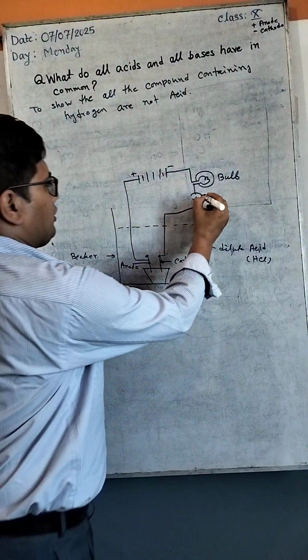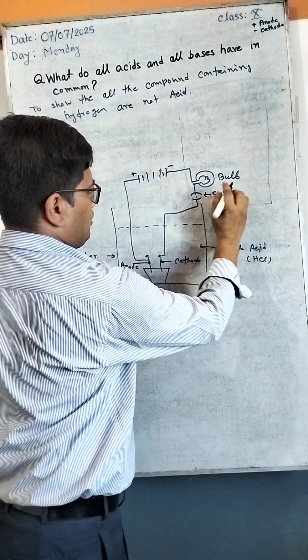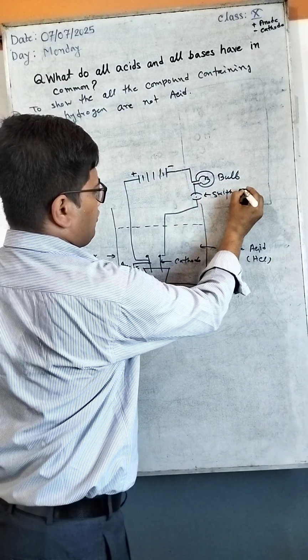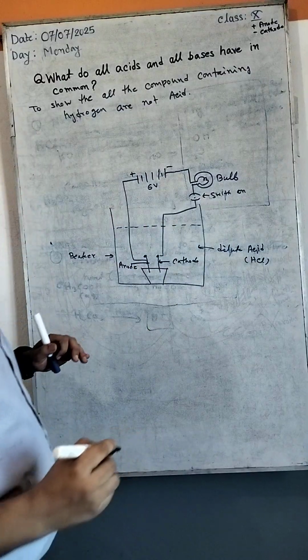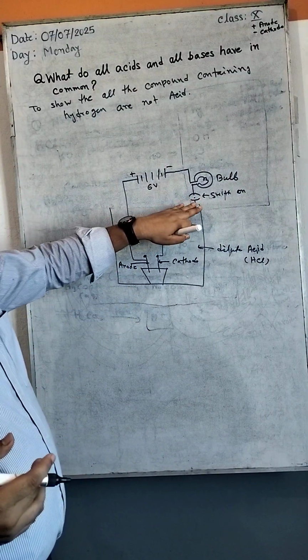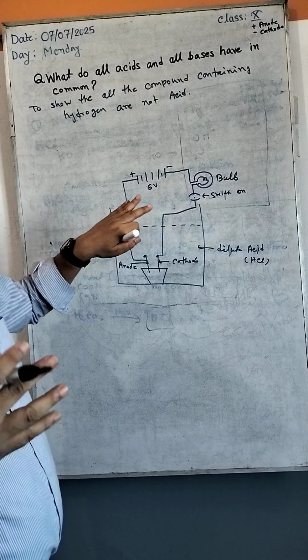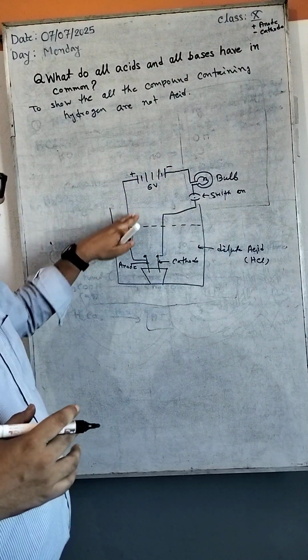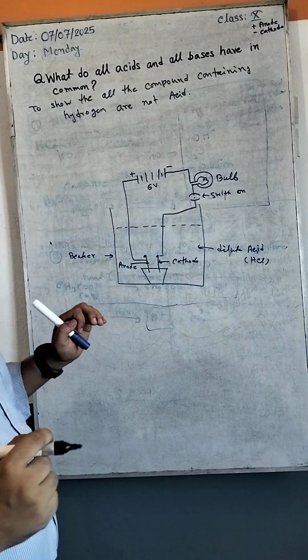Now switch on. And here is the 6-volt battery. What happens when the switch is on? It changes from open circuit to closed circuit. At that time the electric current starts to flow.